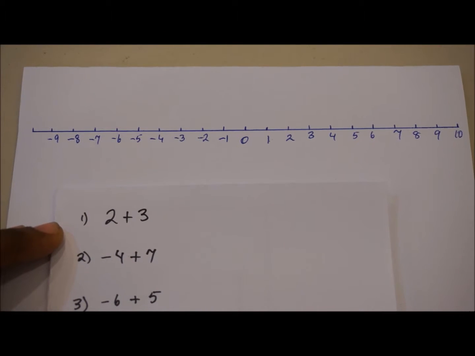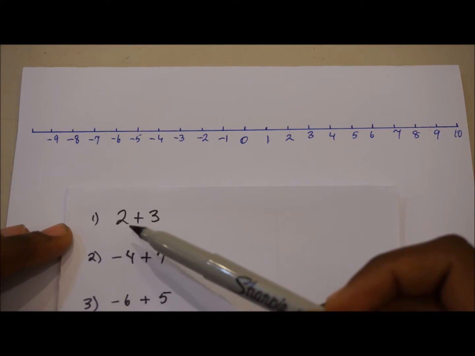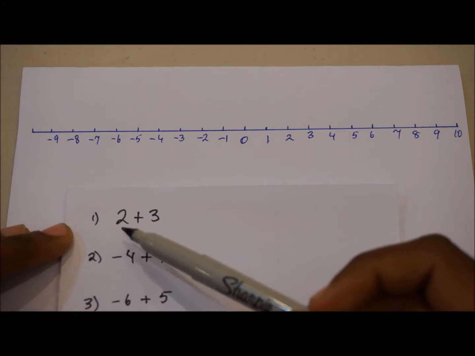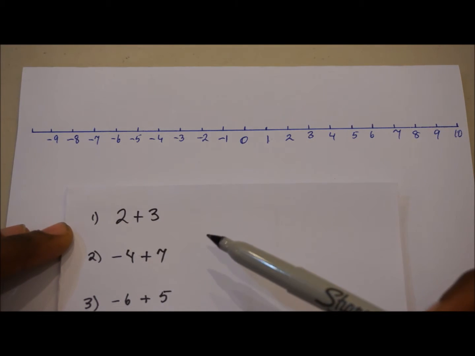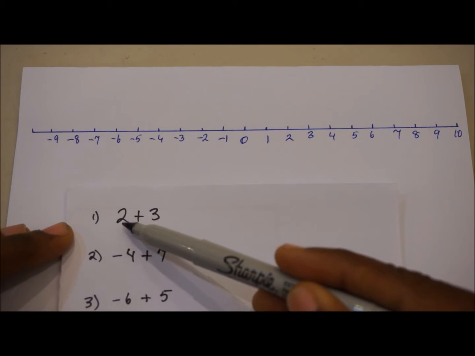We can also use the number line to add numbers. And I will demonstrate with an example that we know already. 2 plus 3. 2 plus 3 we all know is 5. But let me demonstrate how we can get 5 using the number line. We start at 2.